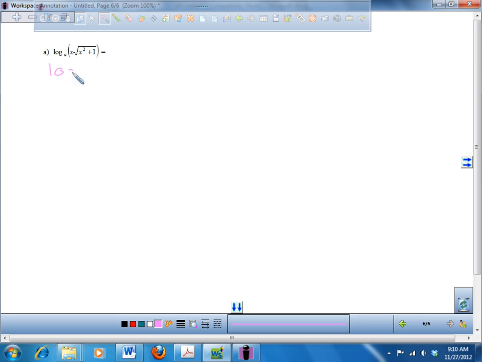So log base a of x plus, remember that rule for the log of a product, log base a of, in parentheses, x squared plus 1 raised to the 1/2.